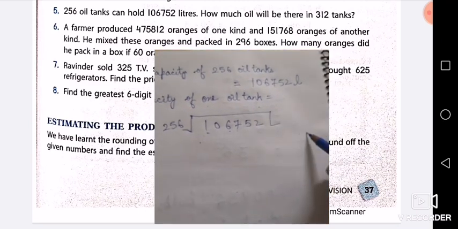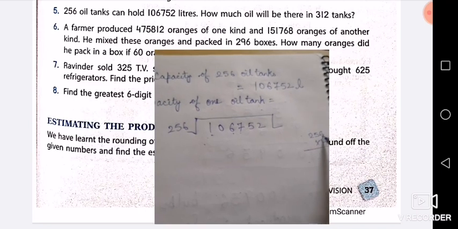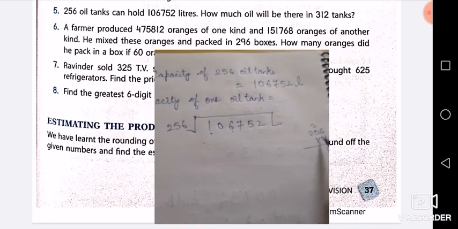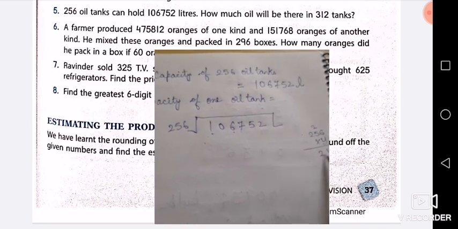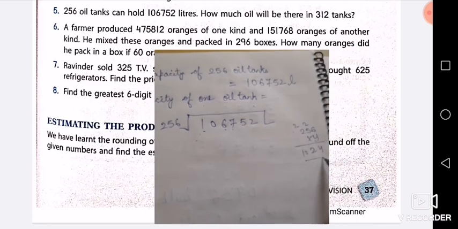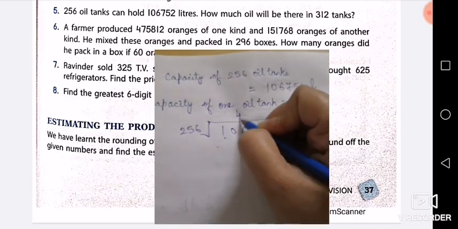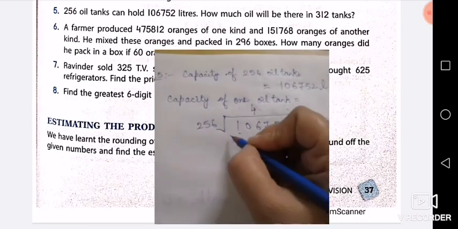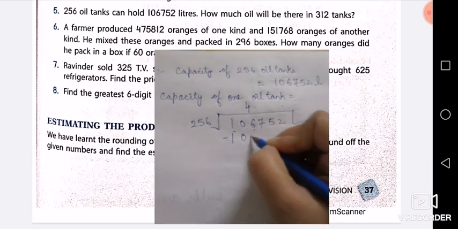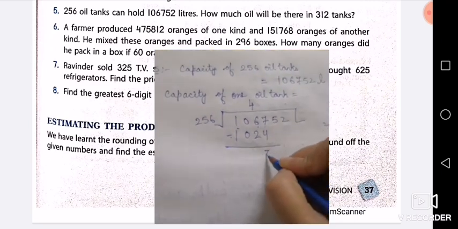Now, this 256 is going to be multiplied 4 times. 4 6s are 24, 2 you will get. 4 5s are 20, 22, 2 you will get. 4 2s are 8, 9, 10. So what will you get? 1024. So first of all it will go 4 times and this will become 1024. Now 7 minus 4, 3 you will get.